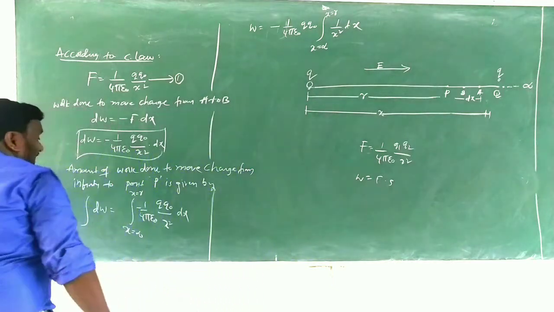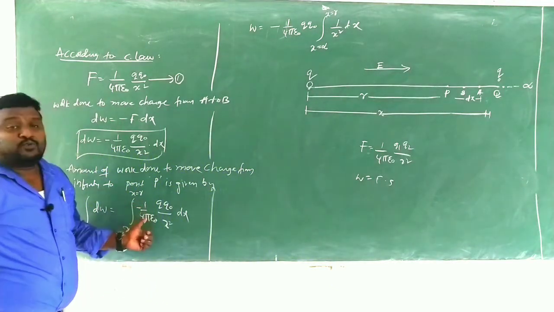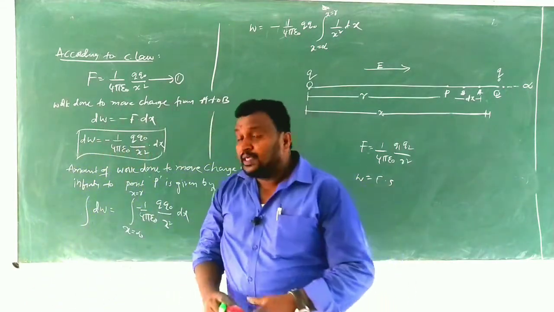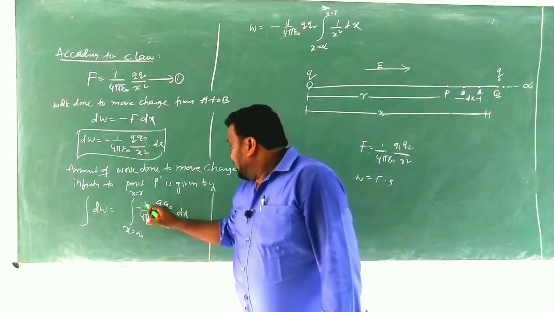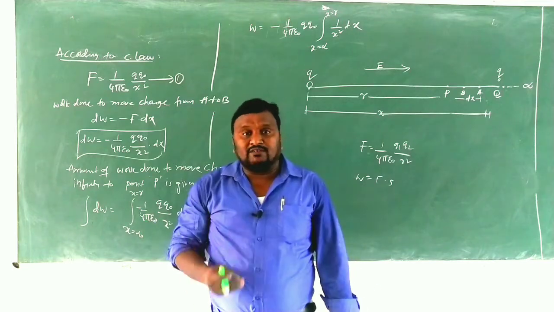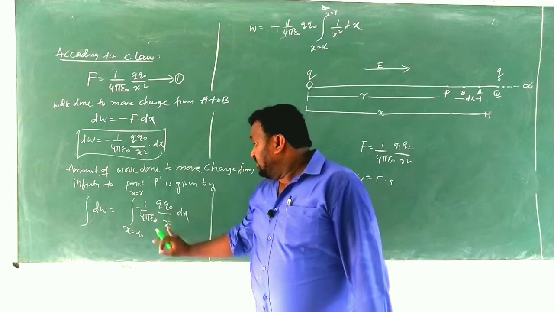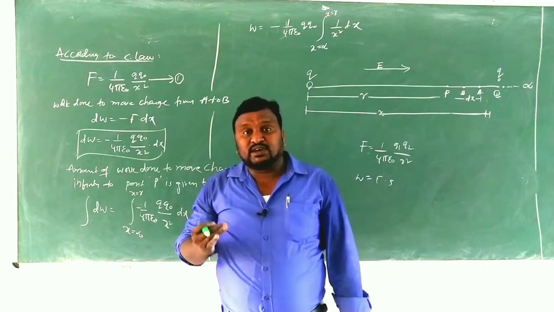Why am I writing it like this? 1 by 4 pi epsilon naught is 9 into 10 to the power of 9, and q and q naught are numerical values of charge. Then we have 1 by x square dx.